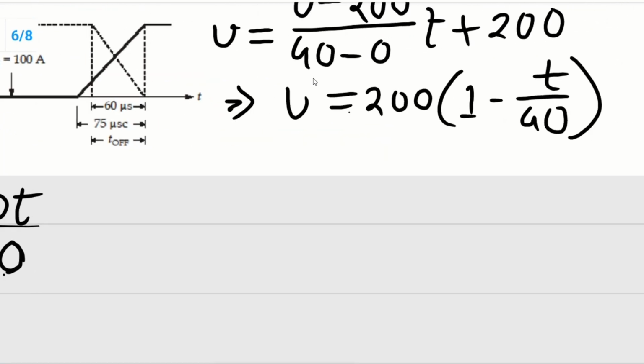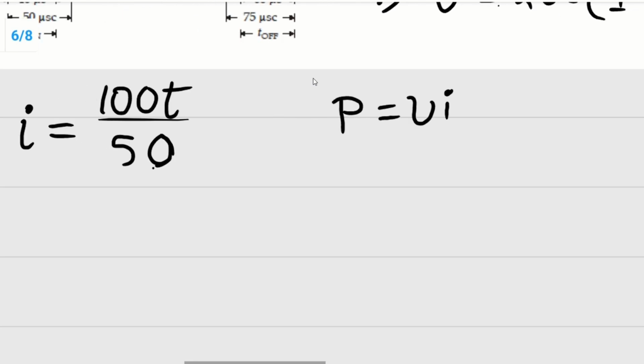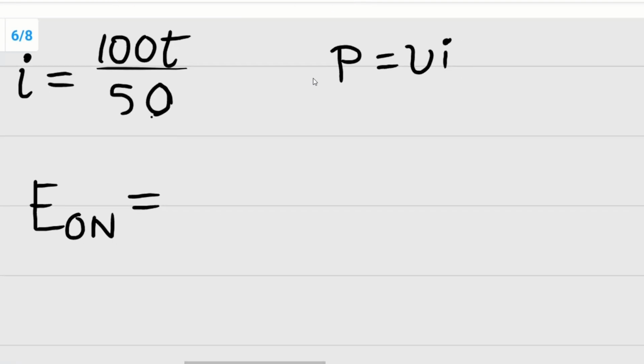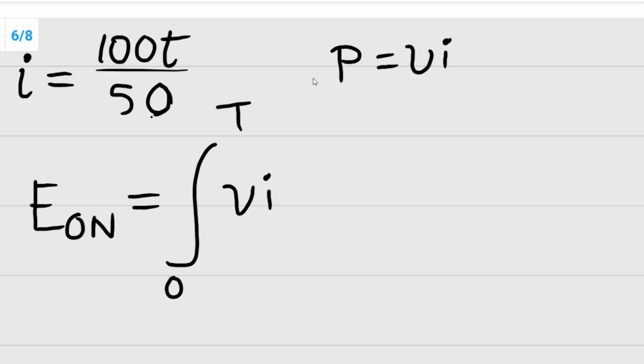Now the power is simply v times i, but we cannot directly calculate power here. We have to go through calculating energy. So E on is simply the integration of v and i over the turn-on period, that means 0 to T on, dt.